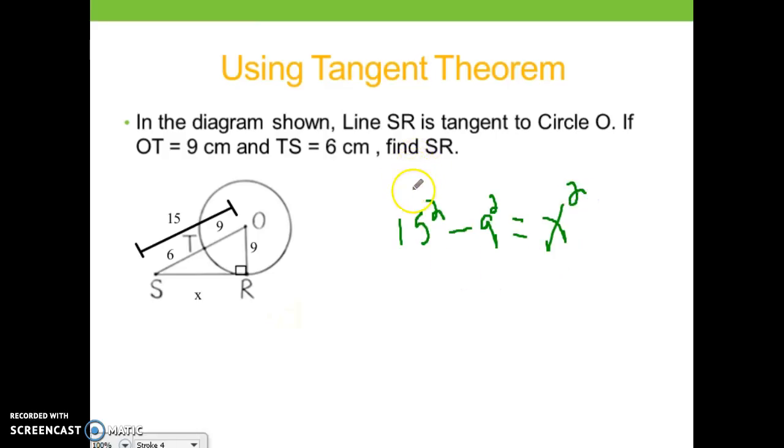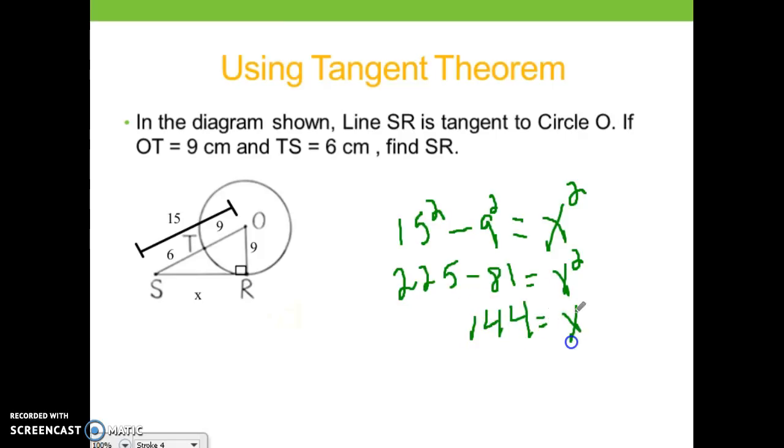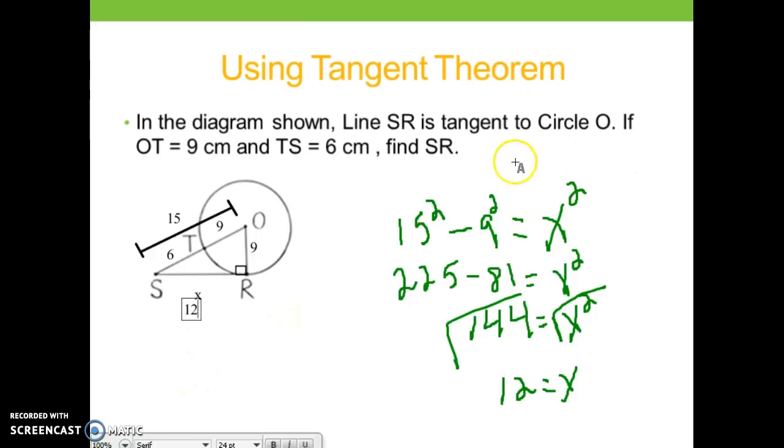The hypotenuse is 15 squared, that's 225, minus 9 squared, the measure of one leg, 81, equals x squared. 225 minus 81 is 144 equals x squared. Take the square root of both sides, and we get x equals 12. So SR is 12 centimeters.